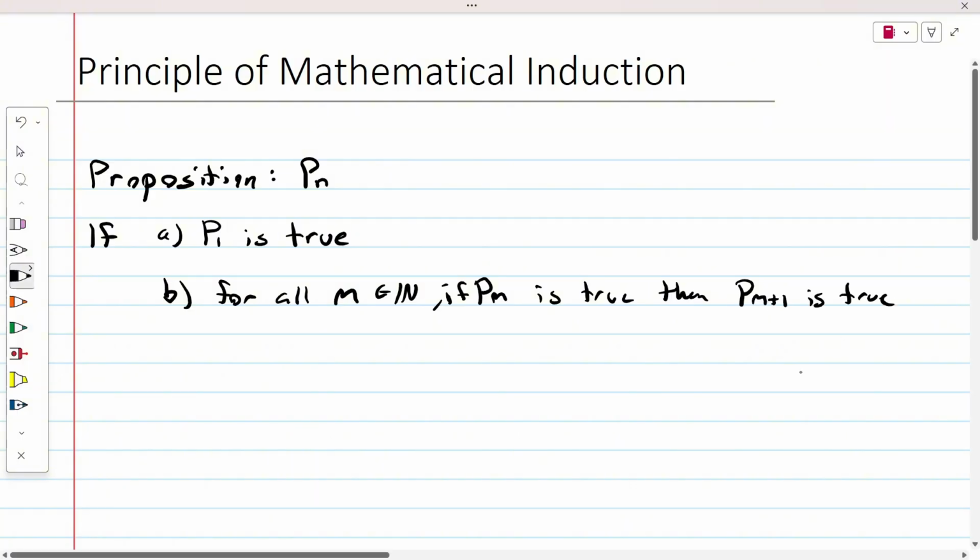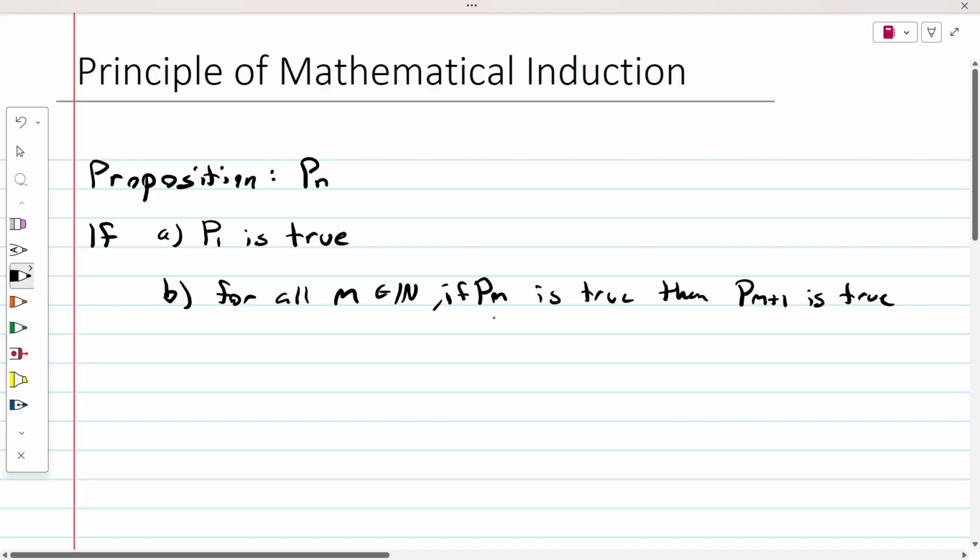So if for some value P of m is true, then the next one must be true. We're not saying that P of m is true for all values, because that's what we're trying to prove. We're just saying that if some P of m is true, then the next one is true.